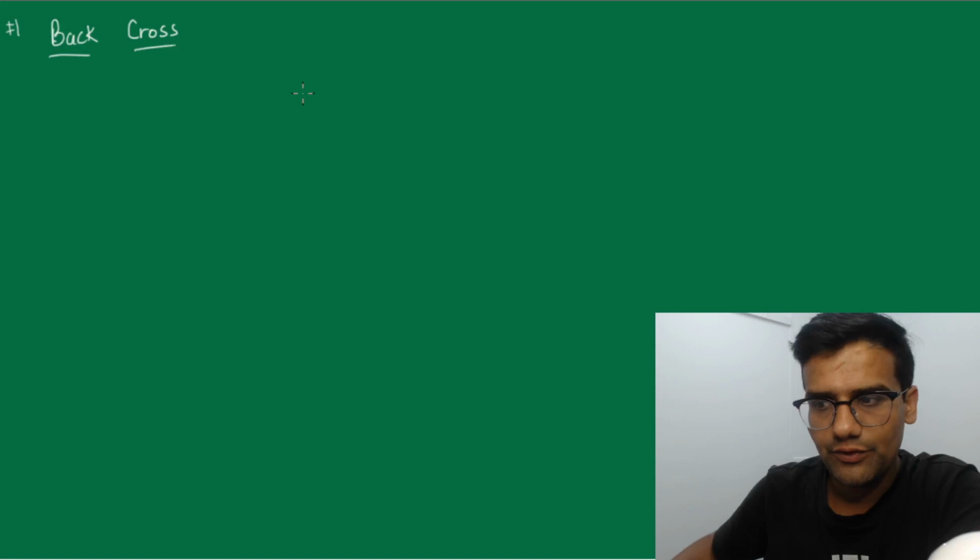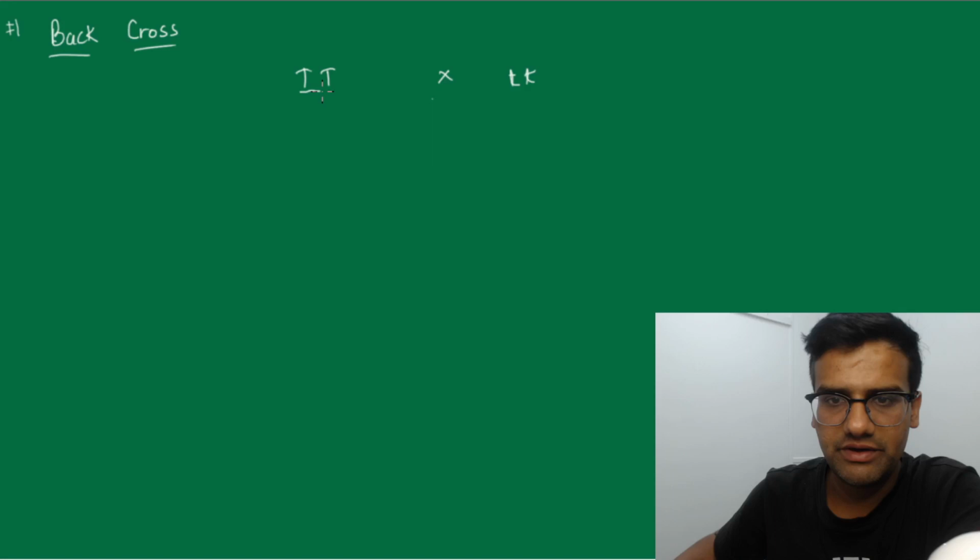If we talk about back cross, let us say a homozygous tall plant is crossed with a homozygous recessive plant. As you know, the gametes of the homozygous tall plant would be capital T and all the gametes of the homozygous recessive plant would be small t.